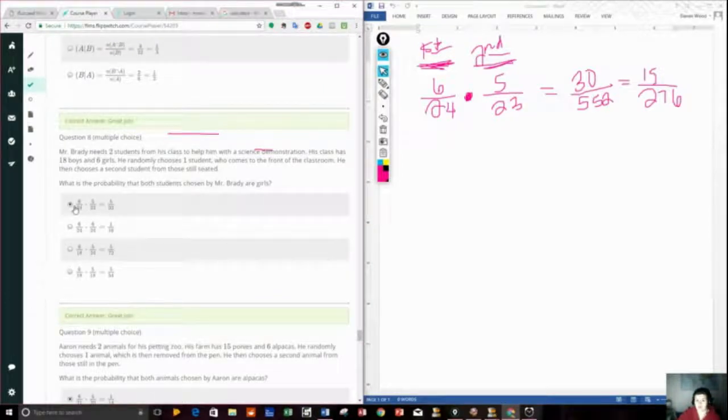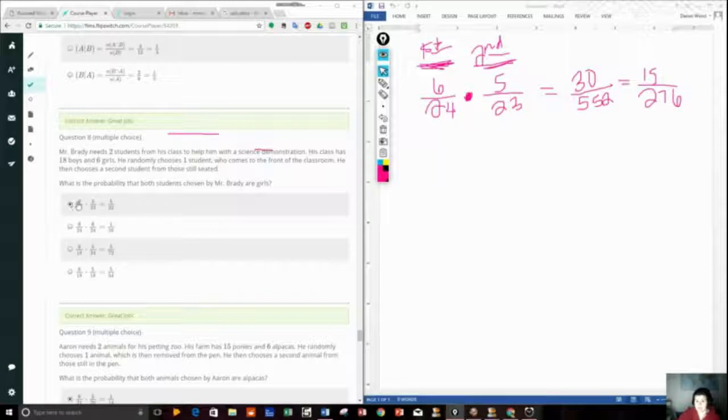Great job. So I selected the answer based off of my work because 15 out of 276 doesn't look like 5 out of 92, but that just means that 15 out of 276 is not reduced all the way.